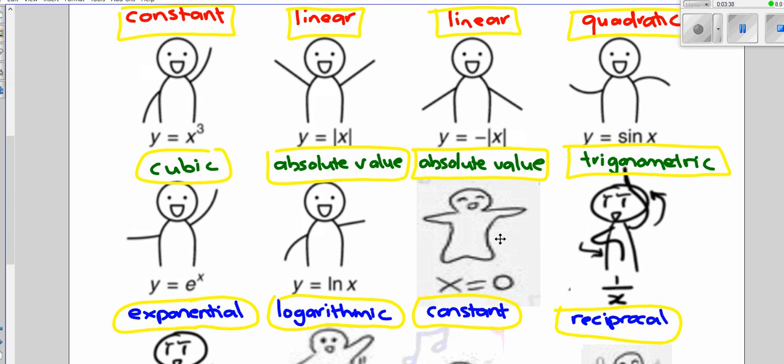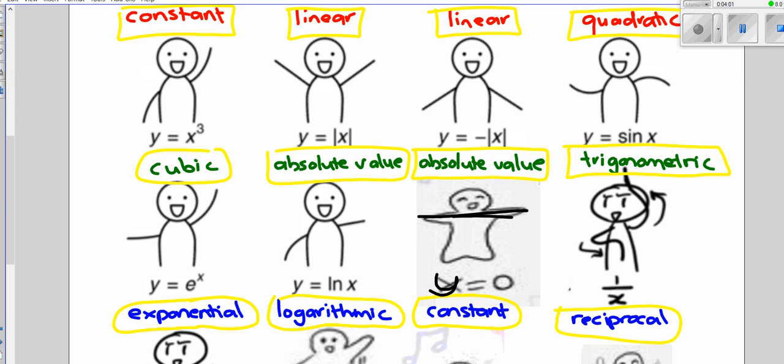Rather than change the little diagram, which is a bit hard to do, let's just change the function instead. The function should instead be y equals 0, because it's cutting the y-axis. It's a horizontal line. See, it's formed a horizontal line. So it cuts through the y-axis, not the x-axis. So it's y equals 0.